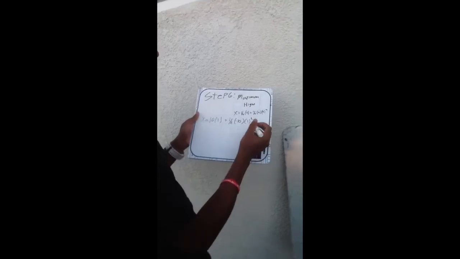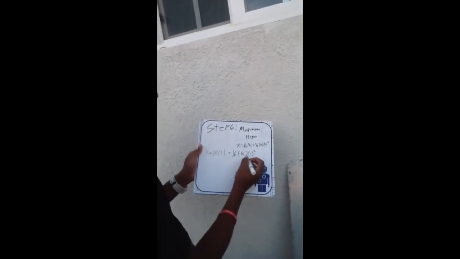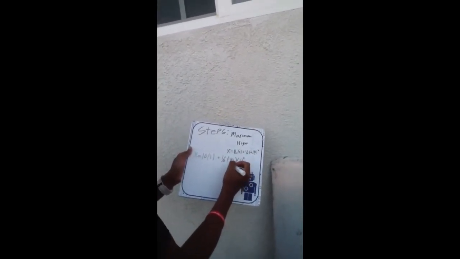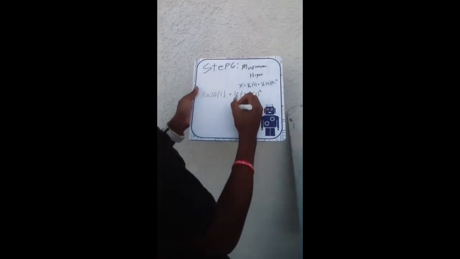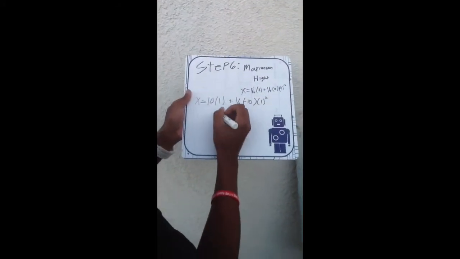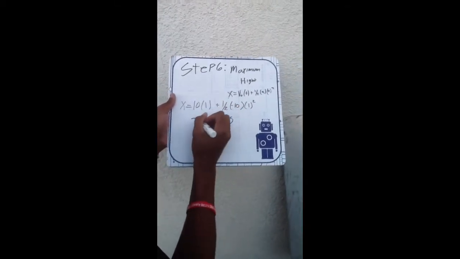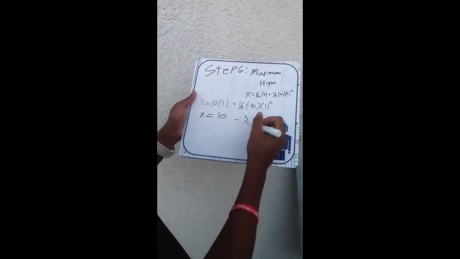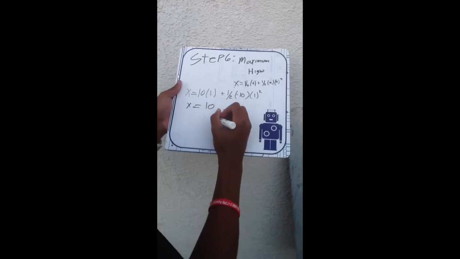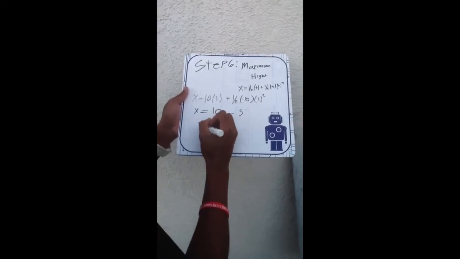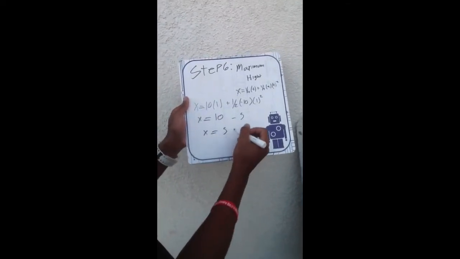Our time squared is 1, times negative 10 is negative 10, times 1/2 is negative 5, minus our 10 is equal to x. 10 minus 5 is, of course, 5. X is equal to 5.